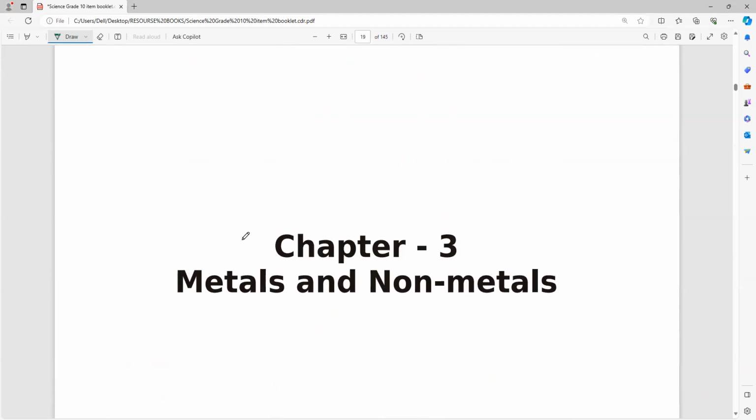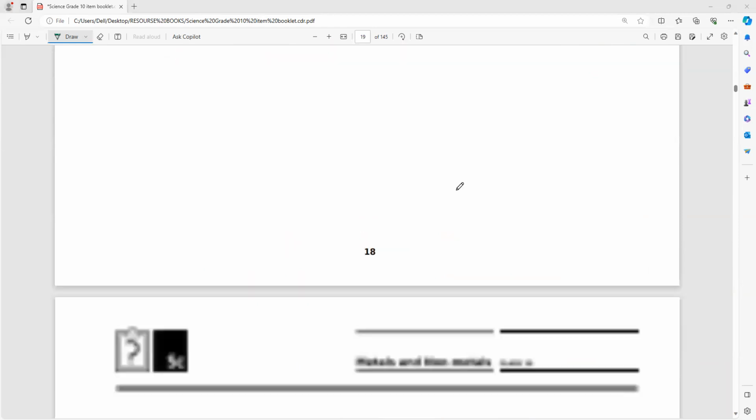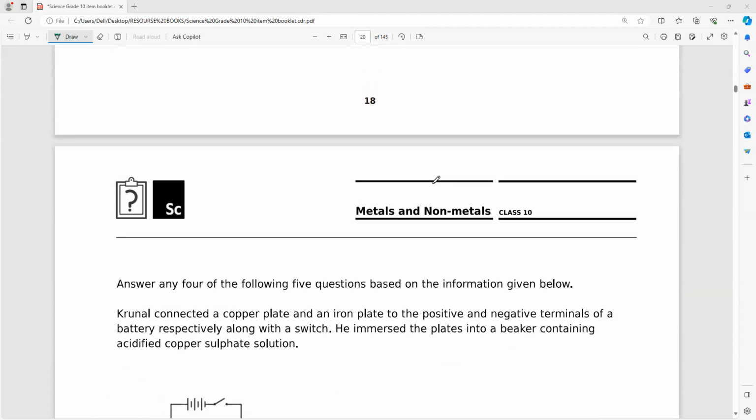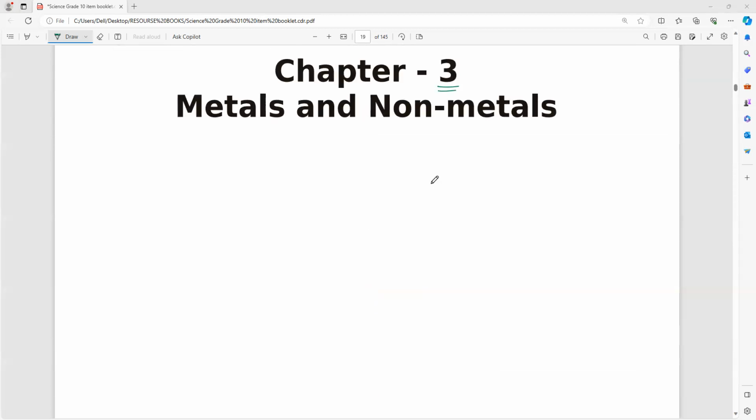I think carbon compounds we already completed. And metals and non-metals, are we done? No, correct? Hurry. I think we have completed metals and non-metals already. Yes or no?